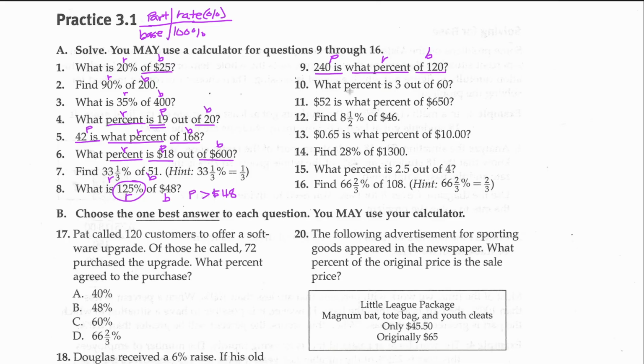Number 10, what percent is 3 out of 60? 3 is going to be the part, 60 is the base. We don't know what percent, we don't know the rate. Number 11, $52 is the part. What percent? We don't know the rate, of 600, that is the base.